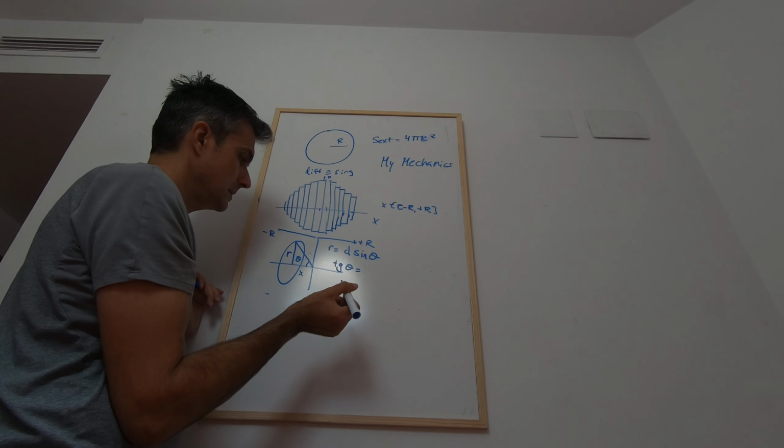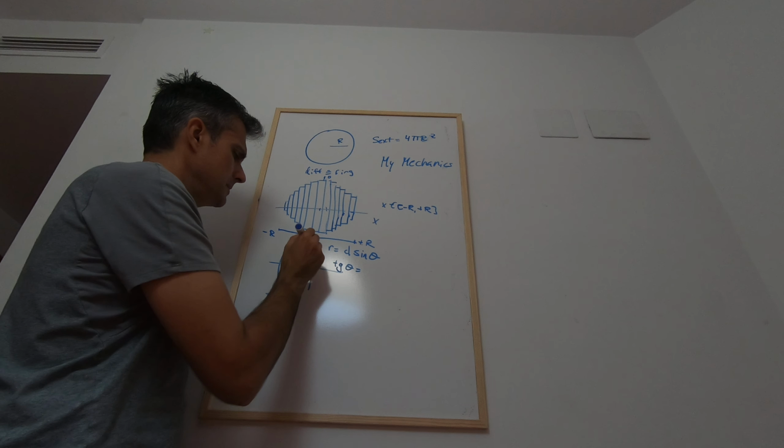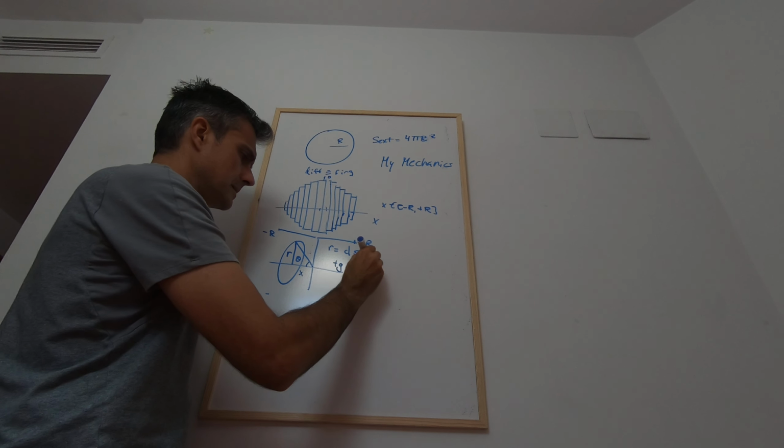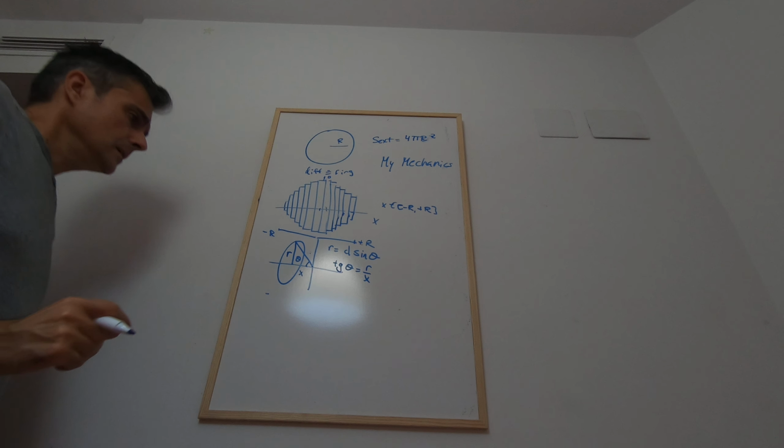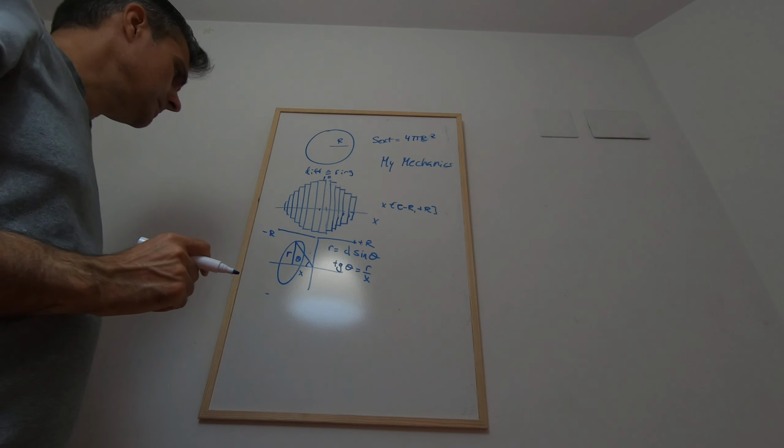I don't remember, I think it's R divided by x, but I'm not sure. Integrating from 0 to 90, but when the angle is 90, I have a problem because this is not continuous. Tangent of 90 degrees is infinite. A bad idea for an integral using the tangent.